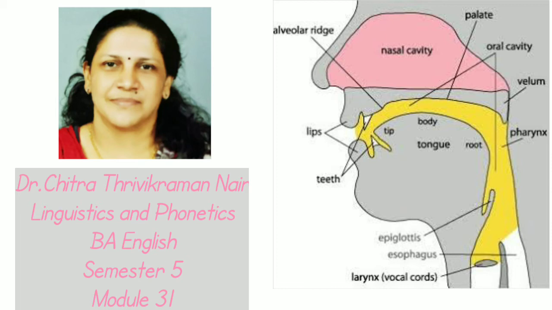Very often in speech, the soft palate is raised so much so that the air cannot escape through the mouth. Its main function is to separate the nasal cavity from the oral cavity in order to produce the oral speech sounds. If this separation is incomplete, the air will escape through the nose during speech. So it plays a very important role in the production of our speech sounds.